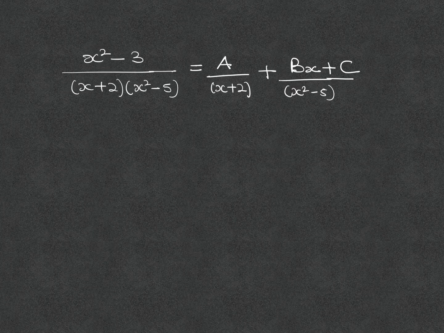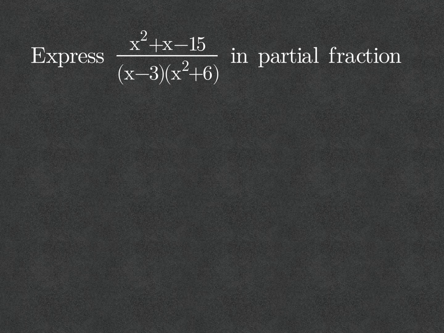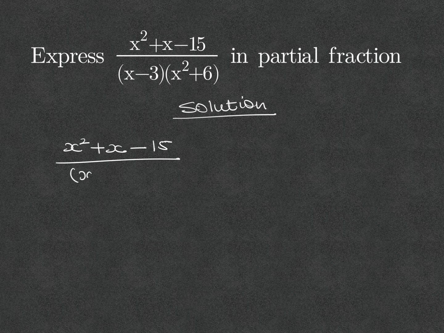So we have the question and it reads, express x squared plus x minus 15 all over x minus 3 into x squared plus 6 in partial fraction. Solution, we have x squared plus x minus 15 all over x minus 3 into x squared plus 6.